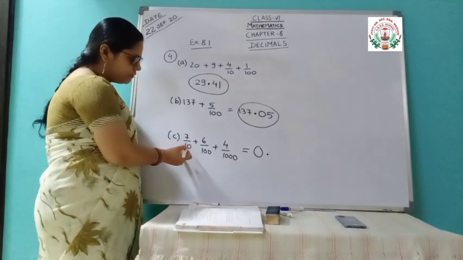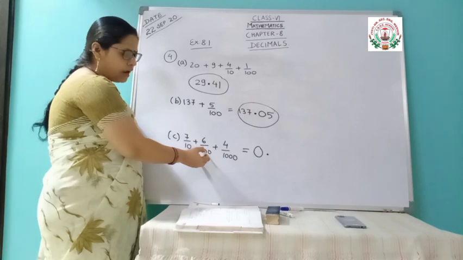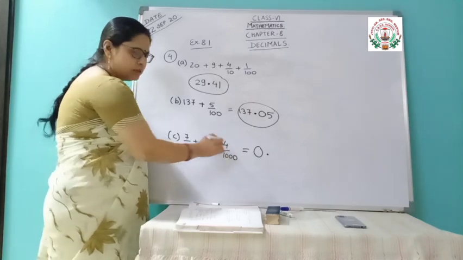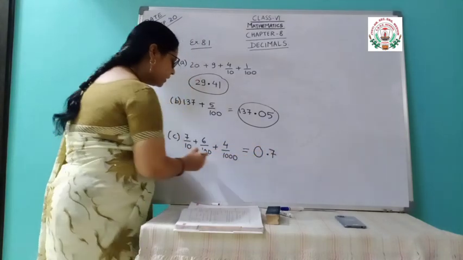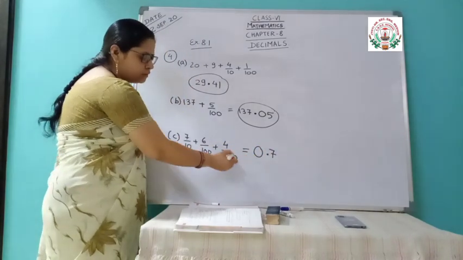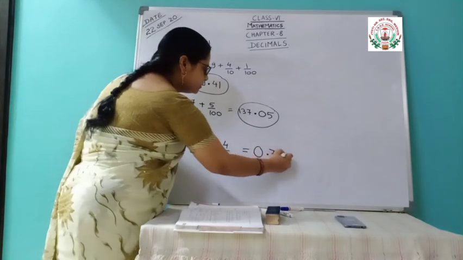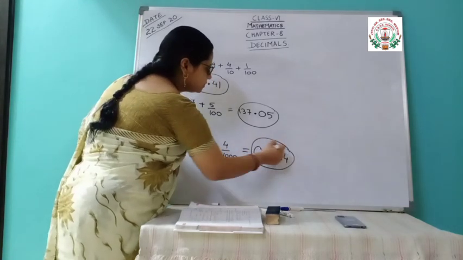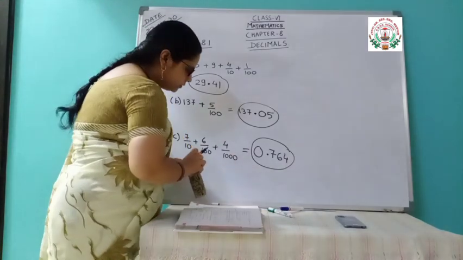Now the first digit after the decimal is by 10, the second digit after the decimal, and this is the third digit after the decimal. So the first digit is 7. Directly all are given, 10, 20, 30. So first is 7, second is 6, and third is 4. So this is your answer for this. That is clear? Now coming to the D part.